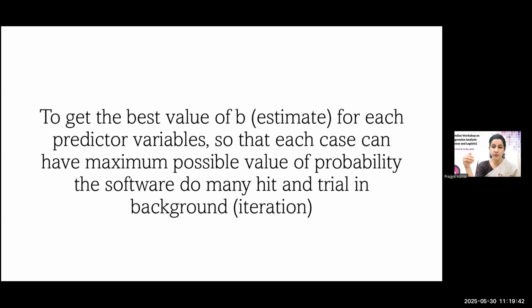So to remove the ceiling effect, the software calculates the odds, and to remove the floor effect, it takes the natural log of those odds, and then all our problems are solved, and that's why we can now run the logistic regression equation.